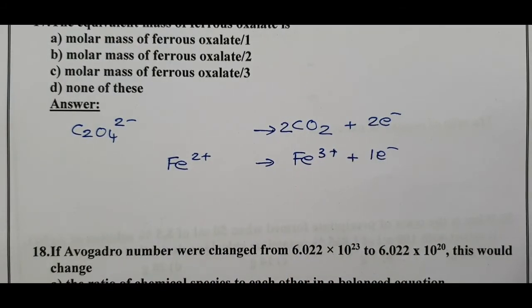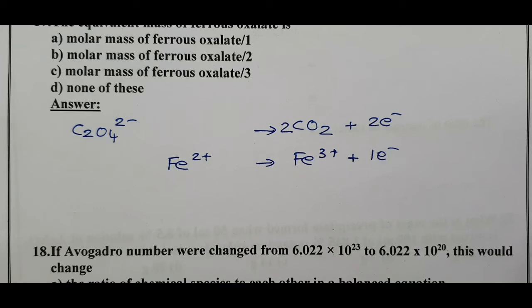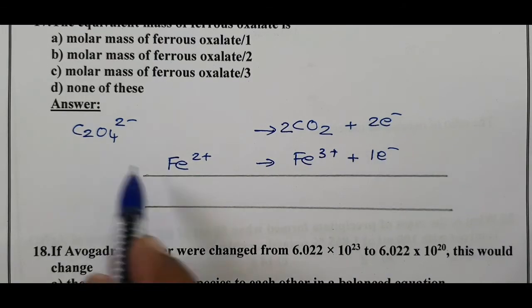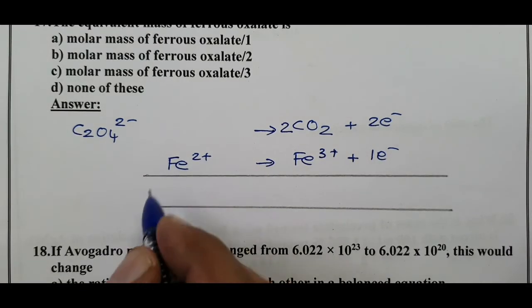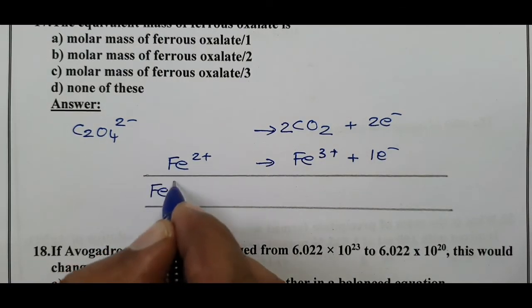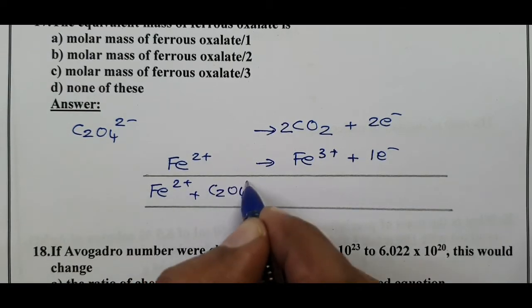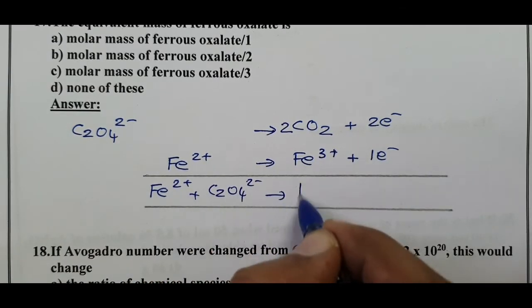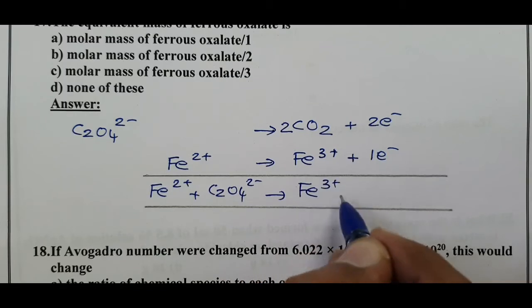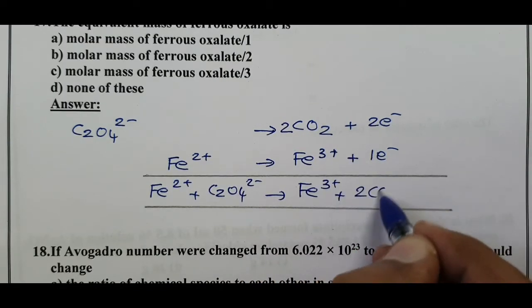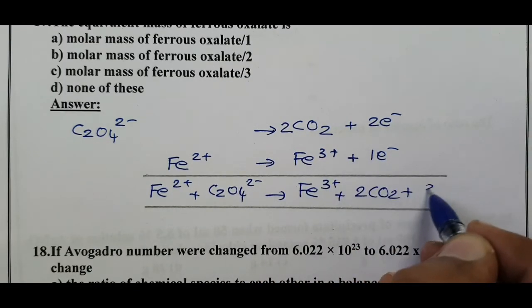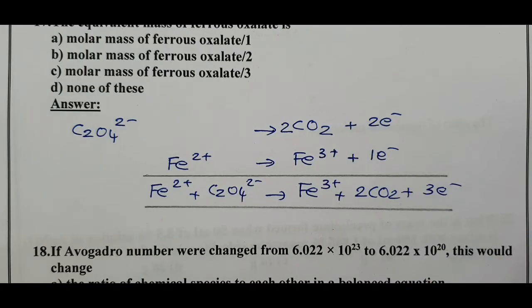By adding the two equations, on the left hand side we have Fe2 plus ion and oxalate ion C2O4 2 minus ion, giving Fe3 plus ion, ferric, plus carbon dioxide 2CO2. 2 plus 1 equals 3 electrons are involved in the reaction.